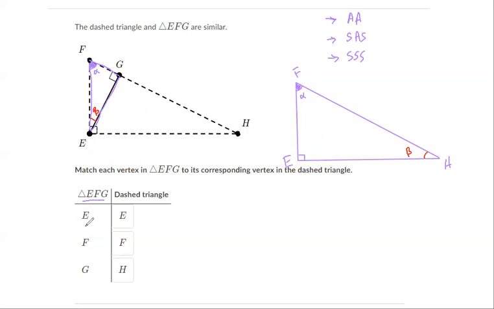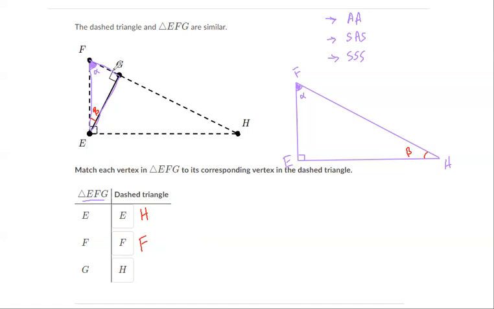So angle E in this triangle is actually this guy, which is beta. The beta is H, so that means this guy has to be H. And then F in my smaller triangle right here is angle alpha. Angle alpha is F, so that should be the same point, which is the same angle.